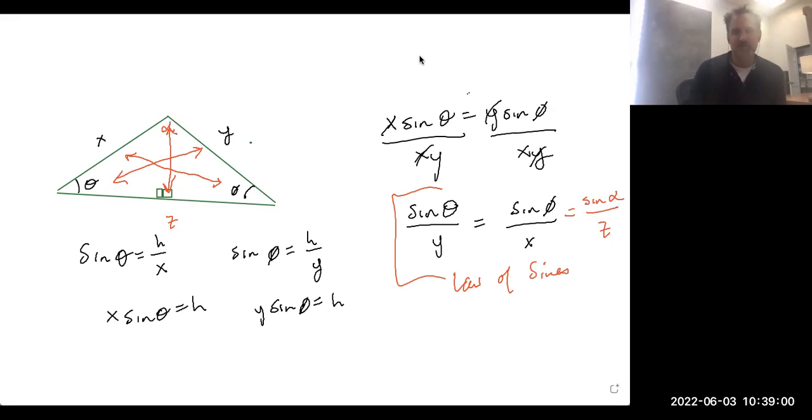So we can use this to solve triangles that are not right triangles, but have given us three pieces of information, with two of them being a side and an angle that's across from that side. So let me give you an example on how it would work.